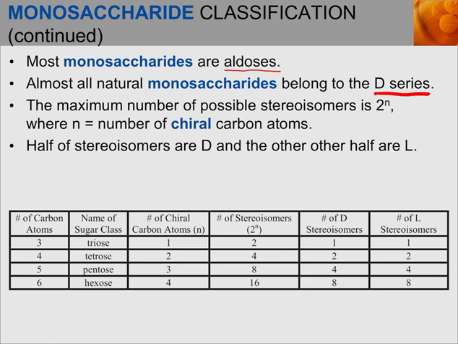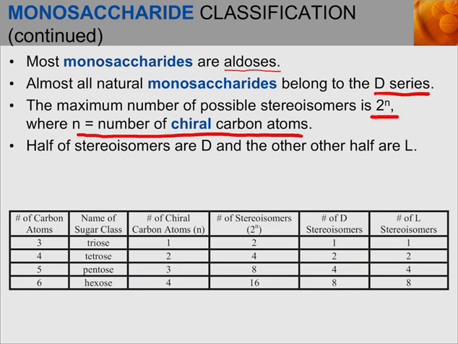We also previously talked about how the maximum number of possible stereoisomers is 2 to the n, where n is equal to the number of chiral carbon atoms. Half of those stereoisomers are going to be D isomers. The other half will be L isomers.